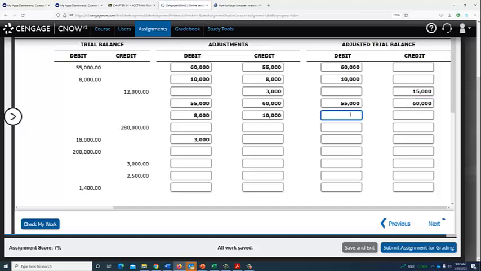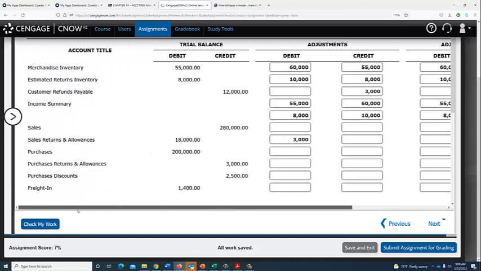And the reason is this is going to help us to calculate our cost of goods sold, because I know that the first number in the account is the beginning balance, and the second number is the ending balance. So when I'm ready to prepare my cost of goods sold section, I can just go to the income summary account, and I have my two balances right there.